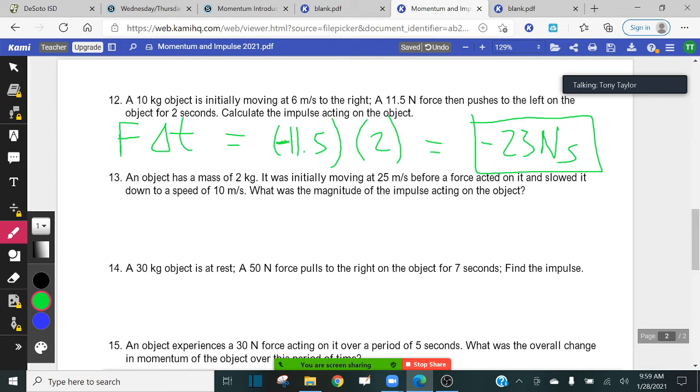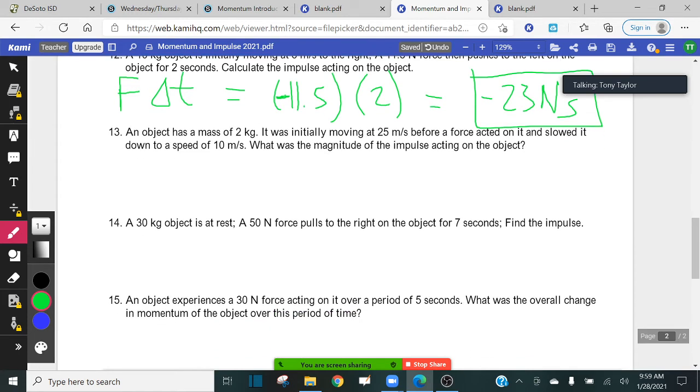All right, number 13. Almost done here. Number 13 says an object has a mass of 2 kilograms. It was initially moving at 25 meters per second before a force acted on it and slowed it down to a speed of 10 meters per second. What is the magnitude of the impulse acting on the object?